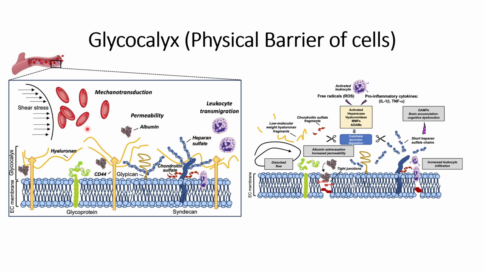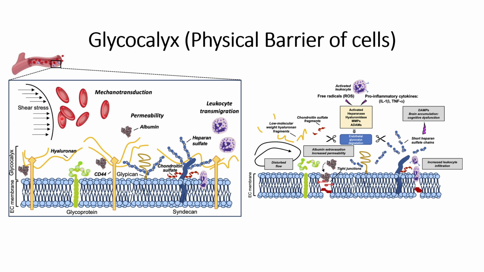The main function of this endothelial glycocalyx is to help in coagulation and also inflammation, and at the same time it also helps in leukocyte transmigration. When it comes to coagulation, what it does is it slows down the speed of the blood flow by introducing this shear stress that can be seen here.